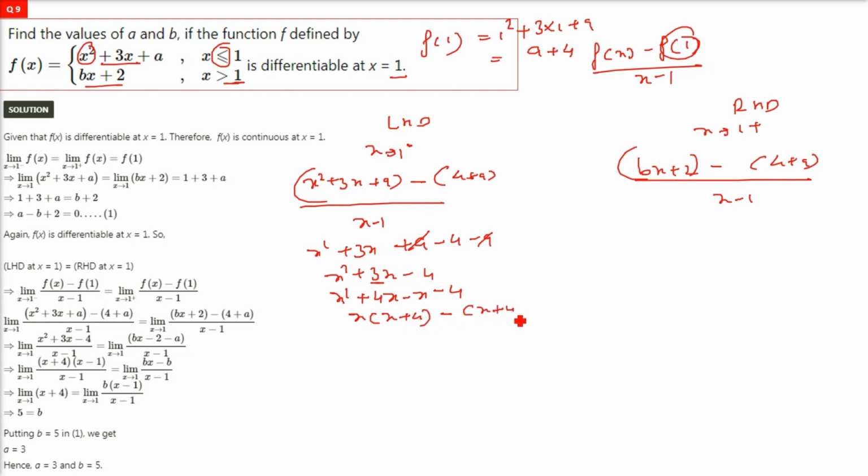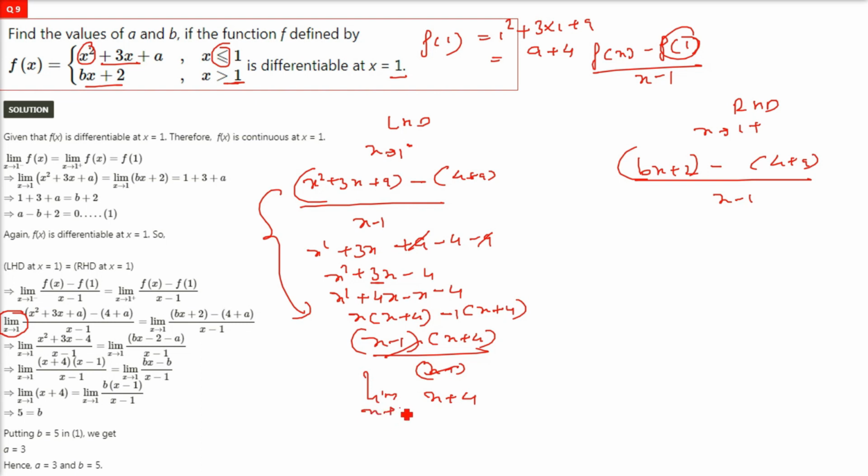And it will be x minus 1 into x plus 4 in the numerator. And denominator you have already x minus 1. You can just cancel these two out. Please remember, limit x tends to 1 is always there. I'm not writing it just to save time, but it is already there. So x plus 4 in the numerator. Now apply the limit x tends to 1. So 4 plus 1 is going to be 5. This is your left hand derivative, 5.